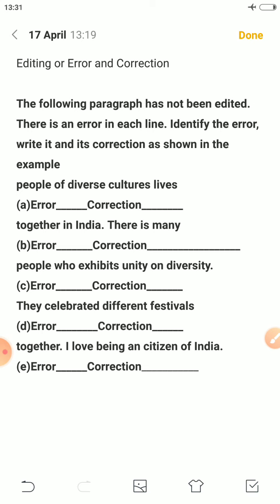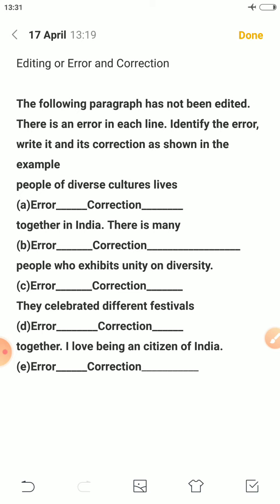The first tip is that we have to read each and every line. Second, we have to focus on which kind of tense. Third, we have to understand some articles. We have to understand the main verb and the helping verb. These are some tips, tools and techniques.